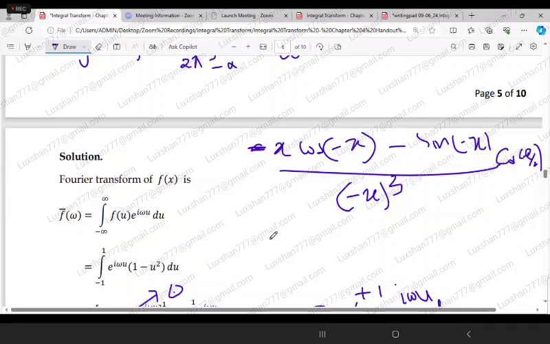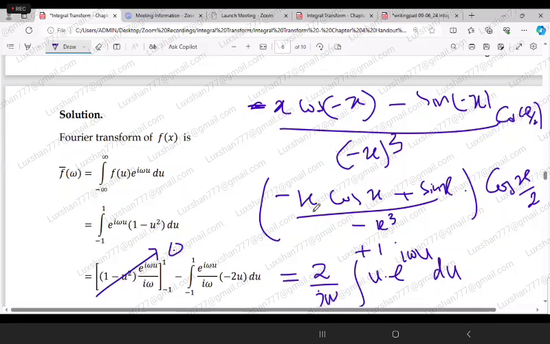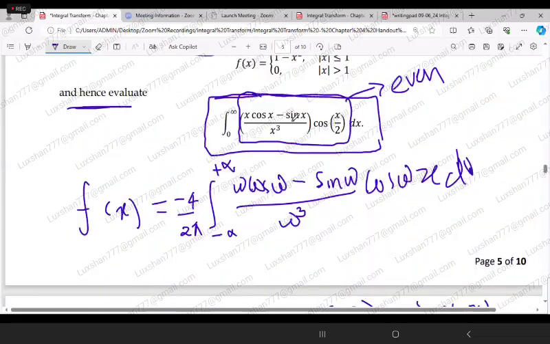If you simplify this, you will get minus x cos x, minus into minus is plus sin x, over minus x cube. Here cos minus x by 2 is the same as cos x by 2. Now if you multiply by minus up and down, you will get the same function. Therefore this function is an even function.